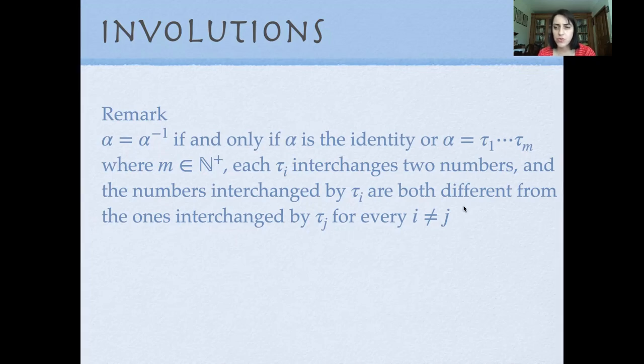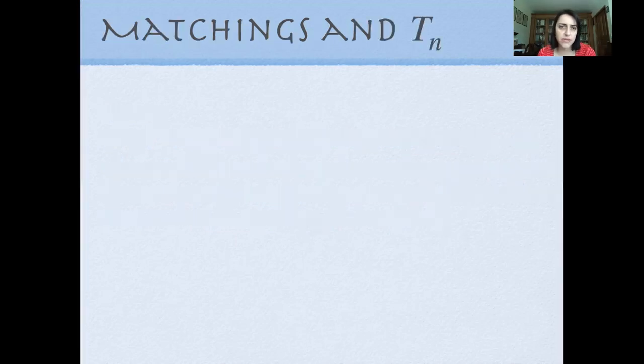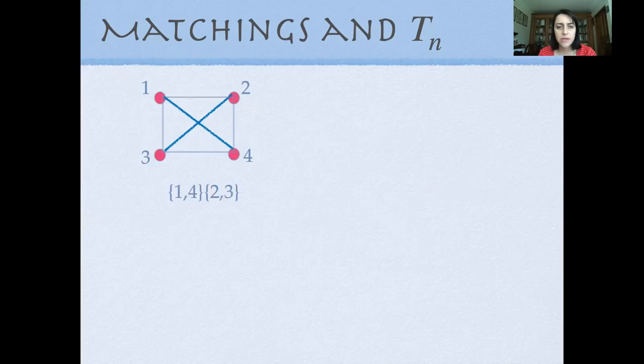Which is the relation between these involutions and telephone numbers? First, we know matchings and telephone numbers are related. But if we have a matching, for example, these 2 matchings, we can think of these matchings as a codification of some permutations.